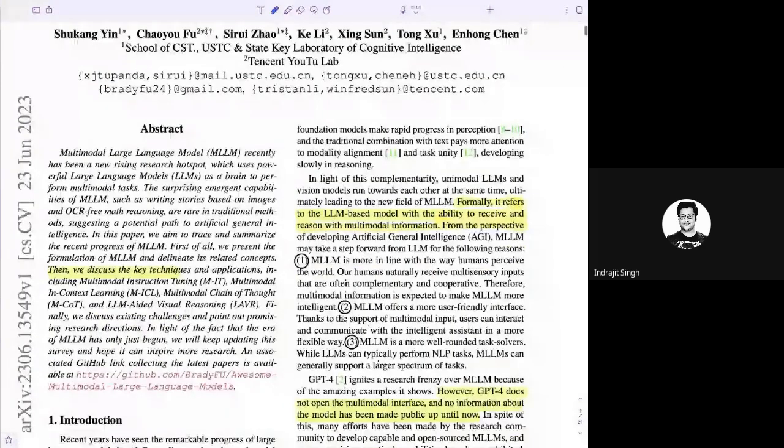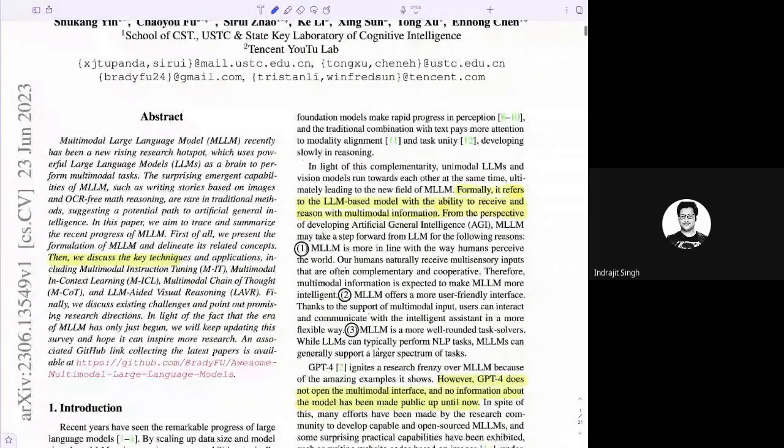Okay, so we are not yet into this survey. The abstract of this paper is basically talking about multimodal language models, which have recently been a rising research hotspot, which use powerful language models.